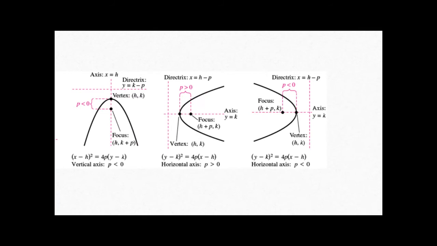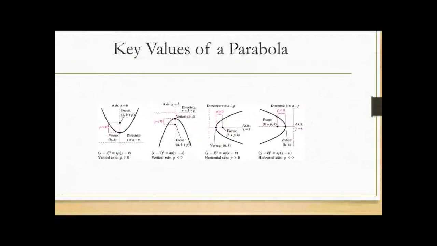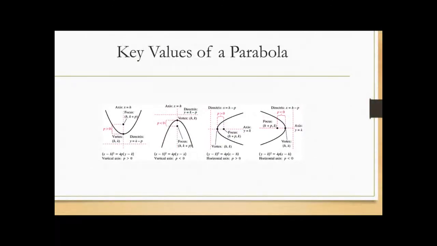The definition for p is still the same. p is still the distance between the vertex and the focus, and it's also the distance from the directrix to the vertex. So the equations are all very similar. You just have to watch where y and x are switched, where h and k are, and what the form of the equation is. What I usually do is draw a picture and then go back to this and look, so I can determine my values and what it's going to look like.